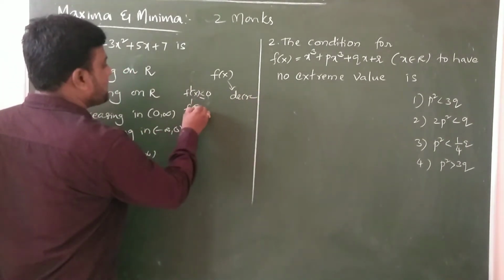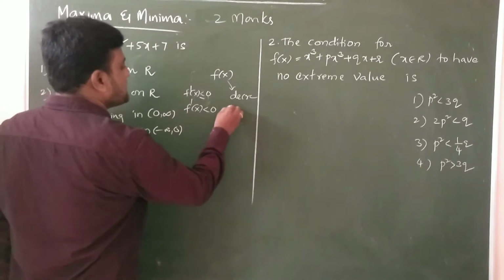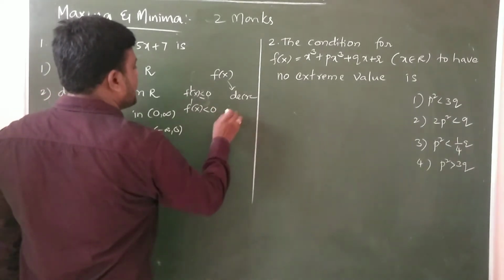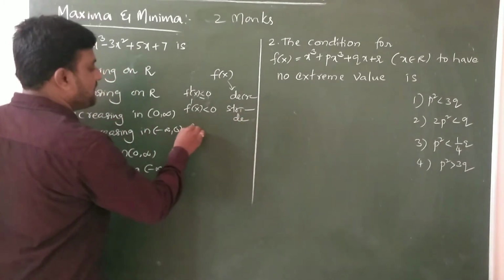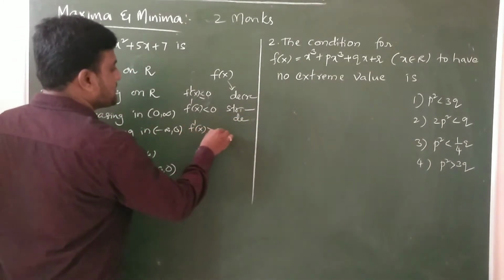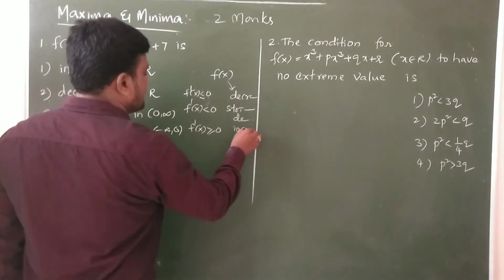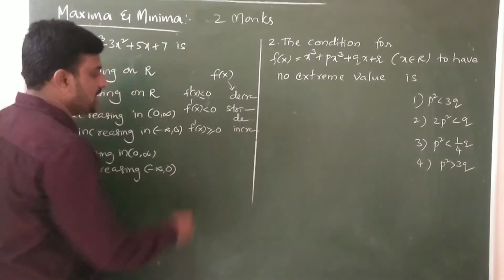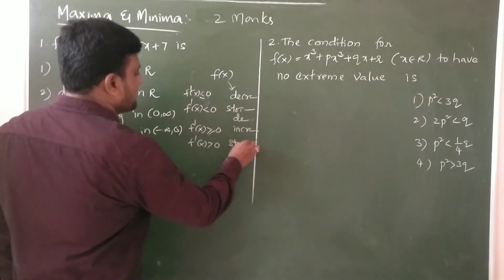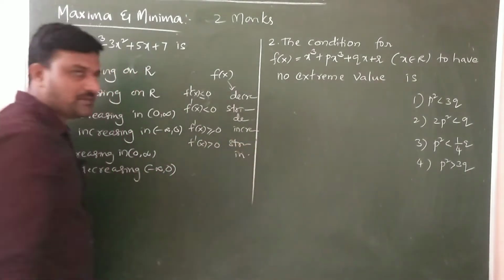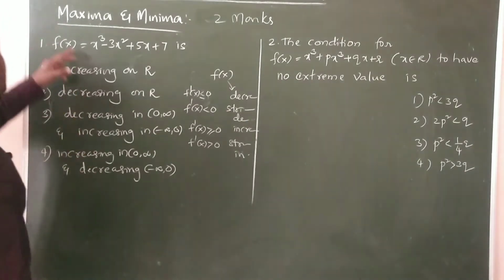If f dash of x is less than 0, the function is strictly decreasing. If f dash of x is greater than or equal to 0, the function is increasing. So f dash of x greater than 0, strictly increasing. Remember. Now what about this function?